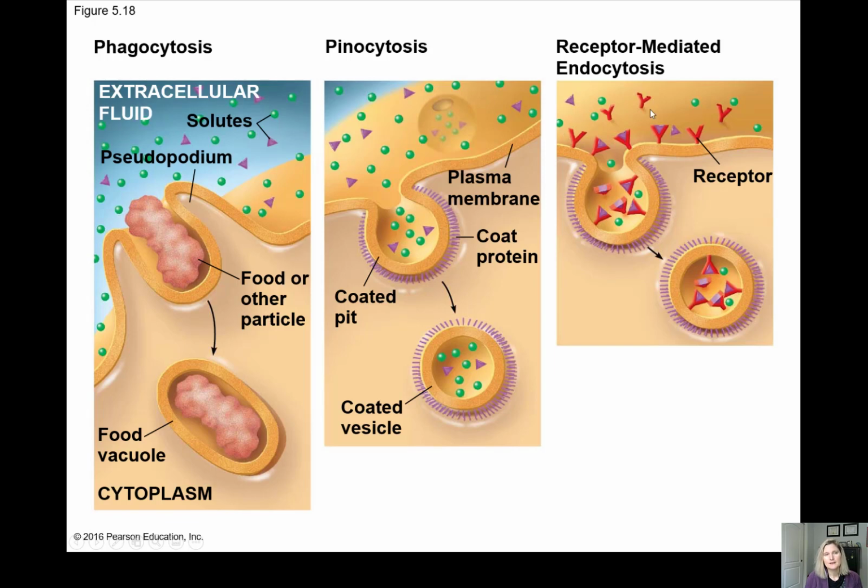And then in receptor-mediated endocytosis, we have these little receptors on the plasma membrane, and they're going to allow the docking of certain solutes to them. Once they are fully docked in place, the cell will go ahead and pinch off the plasma membrane surrounding it. So this receptor-mediated endocytosis is very specific. Only a certain type of molecule can bind to those receptor sites in order for that molecule to enter the cell. Okay.